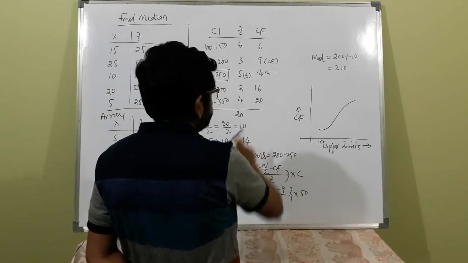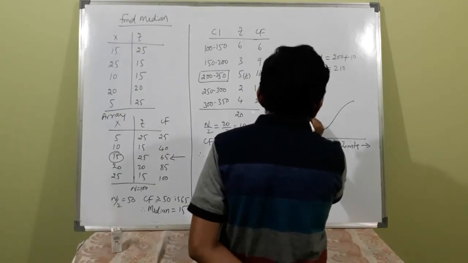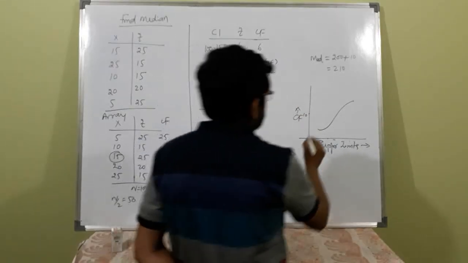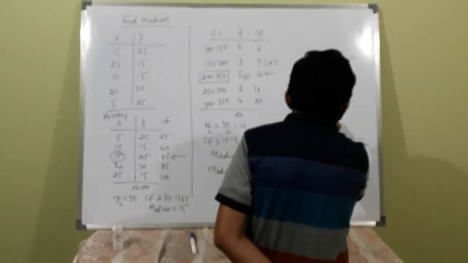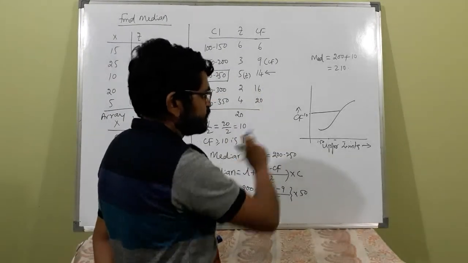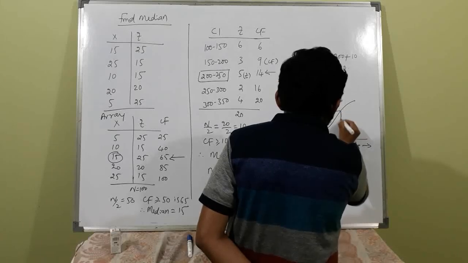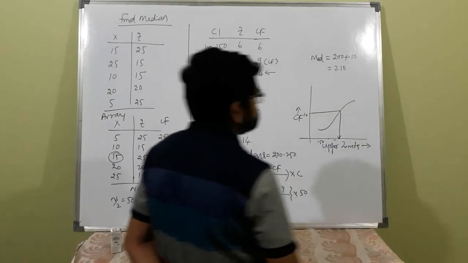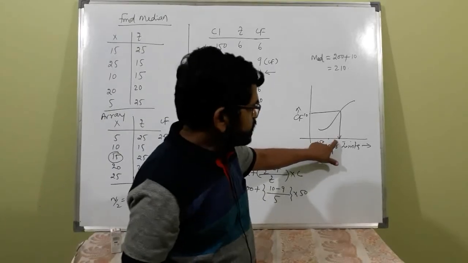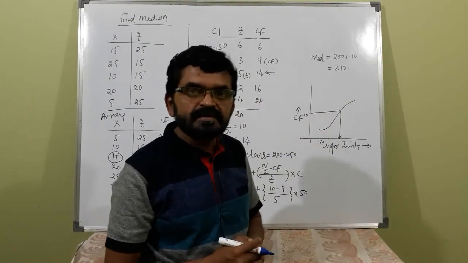Then find n by 2. Suppose this is 10, the n by 2 value. Draw a line parallel to the x-axis, or perpendicular to the y-axis. It will meet the curve here. Draw a perpendicular line to the x-axis. Read this value. That will be exactly 210.